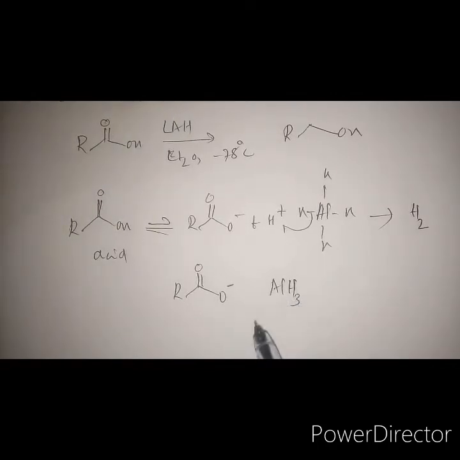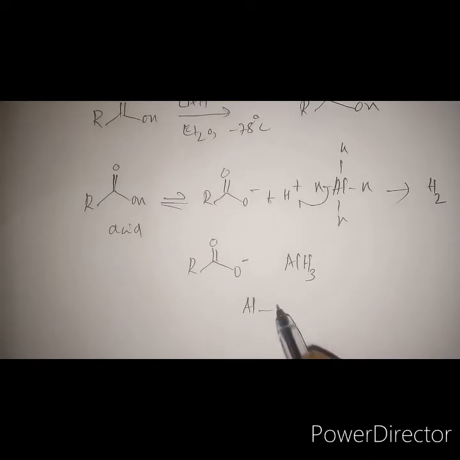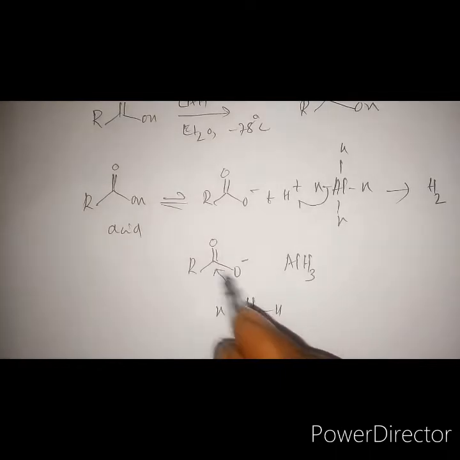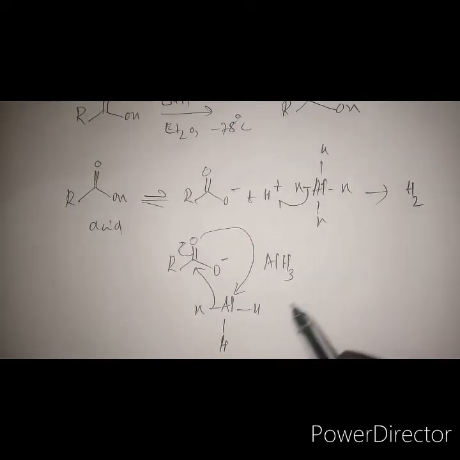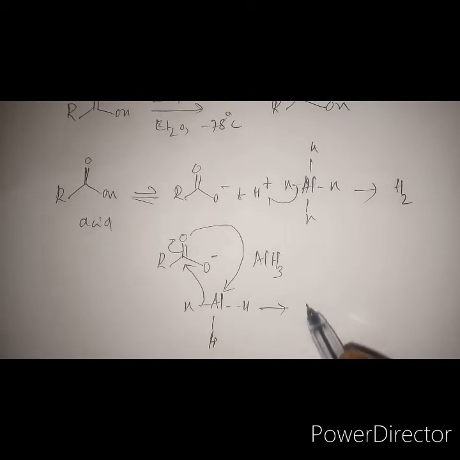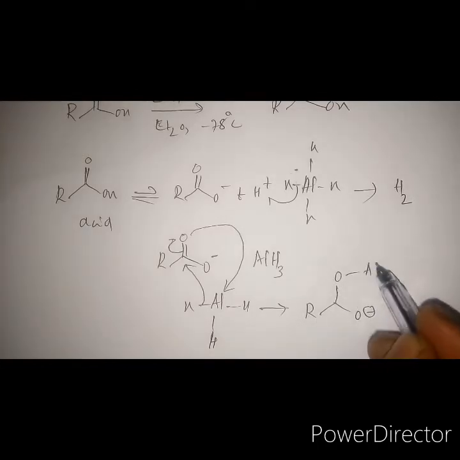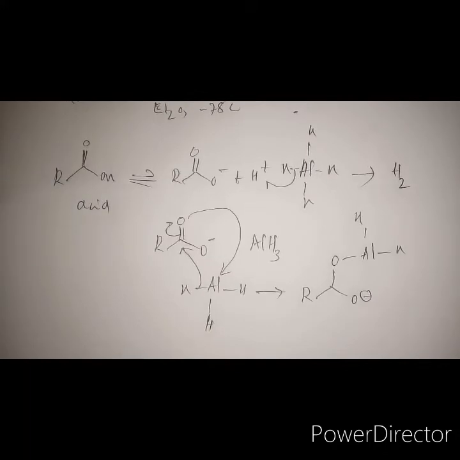Now this aluminum hydride will reduce the carboxylic group, and this will attach to aluminum. You will get RO minus, so this is aluminum H H. One OH will be transferred.